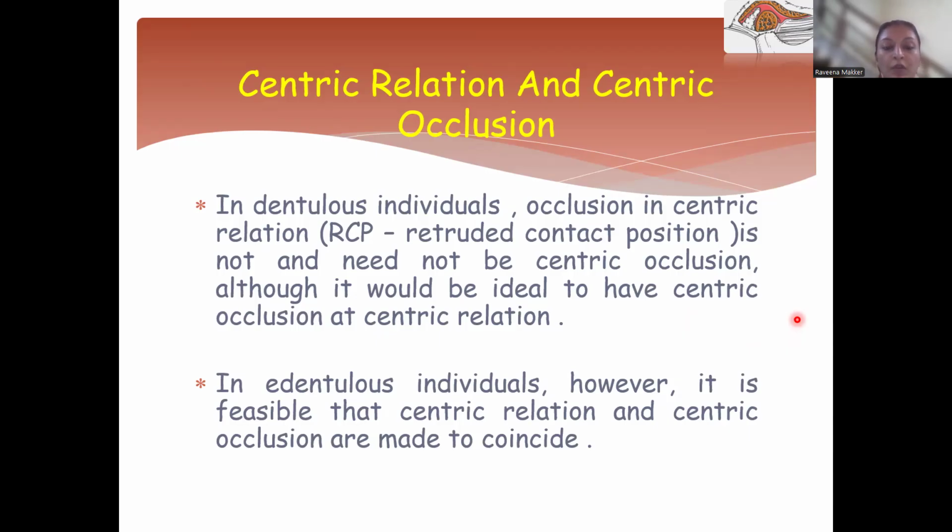But it would be ideal to have the centric occlusion at centric relation. However, in edentulous individuals, it is feasible that centric relation and centric occlusion are made to coincide since there are no teeth. So in the artificial dentures, we can make centric relation and centric occlusion coincide with each other.